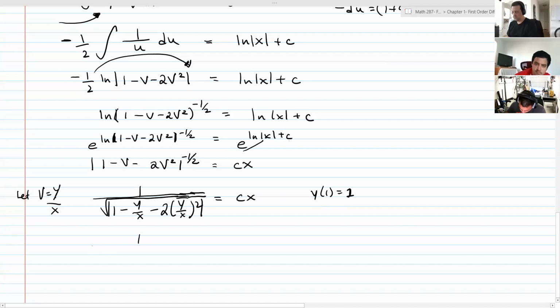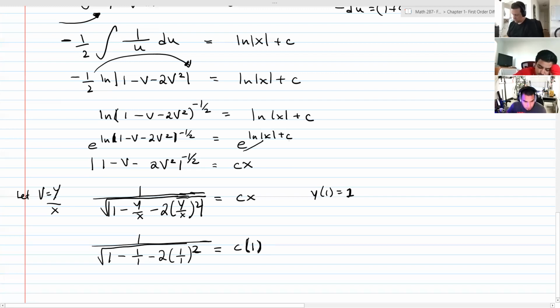So we're going to get 1 over the square root of 1 minus 1 over 1 minus 2 times 1 over 1 squared equals c times 1. And this is an absolute value, remember?